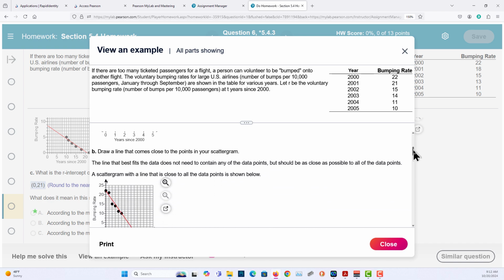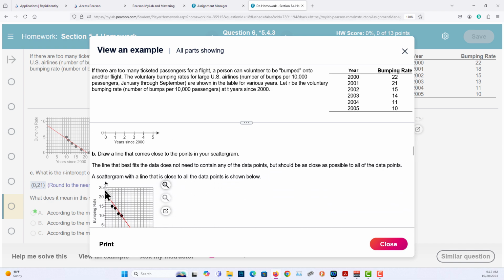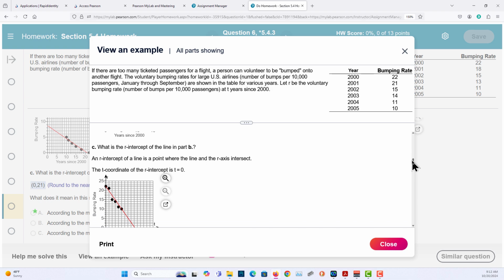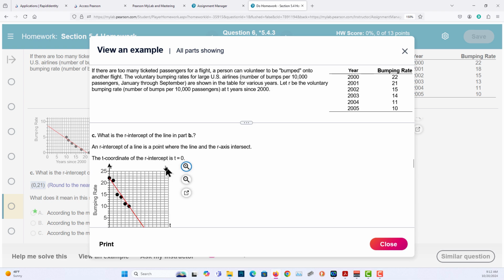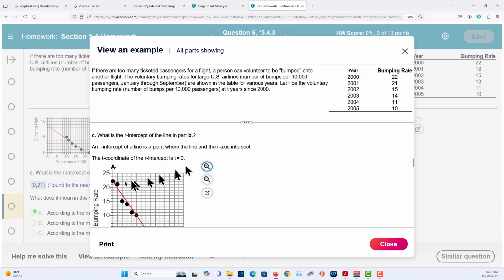Then they say do a line of best fit. You can draw a line right through it, and it's your line of best fit. What is the R-intercept? You see the R is here. So (0, 22) looks like it.